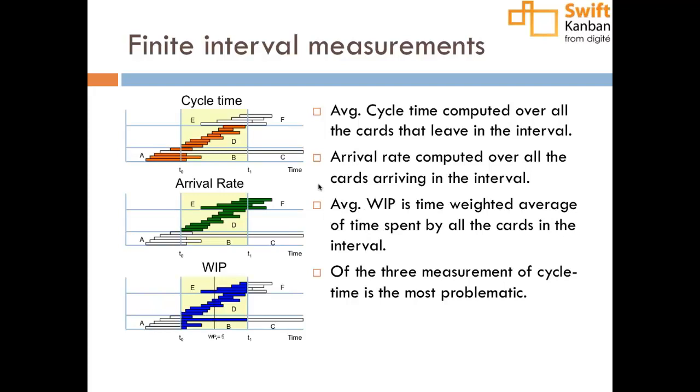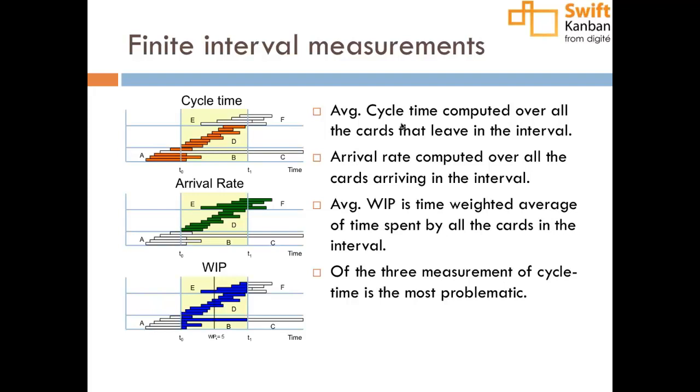If you look at the top area, we are seeing cycle time, or for that matter, even throughput. The orange cards are the cards that are used in calculating average cycle time or average throughput.